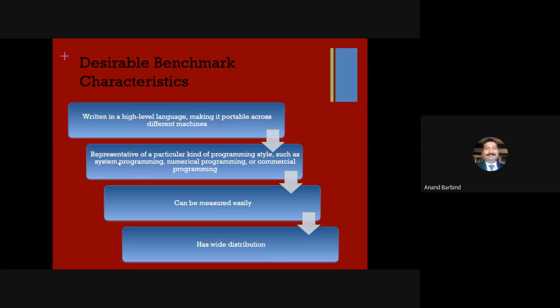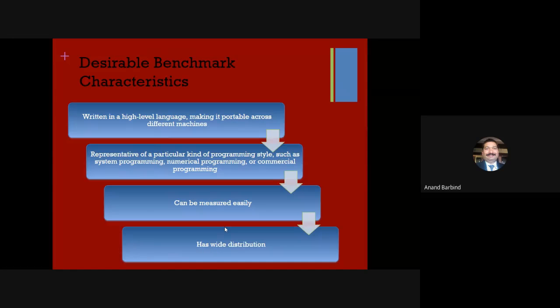Then, they should be representative of a particular kind of programming style, such as system programming, numeric programming, or commercial programming. The benchmark program should be of the category system programming, or of the category numerical programming, which is usually used for scientific purposes, or commercial programming, which is used in business. Then, they can be measured easily.